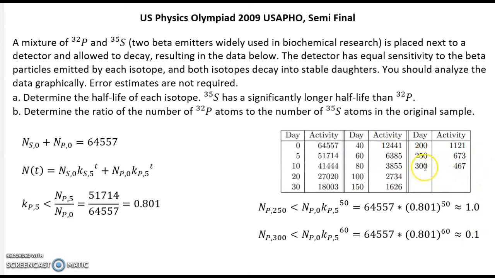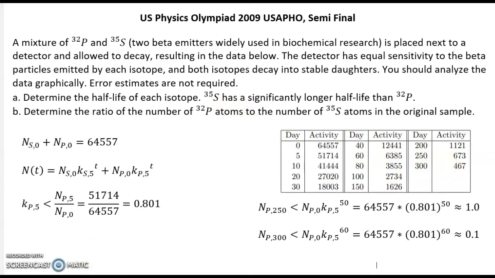So finally on day 250 and day 300, only element S exists, and now we can very precisely calculate the coefficient of reduction for element S during a 50-day period.